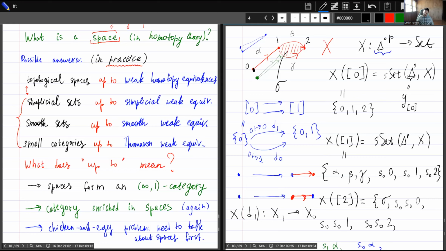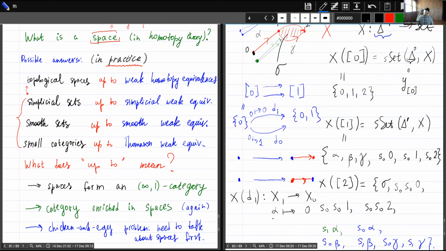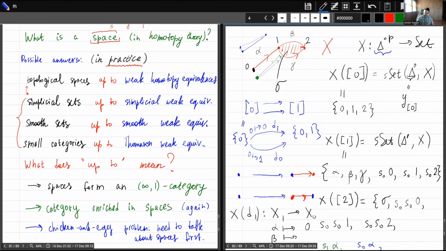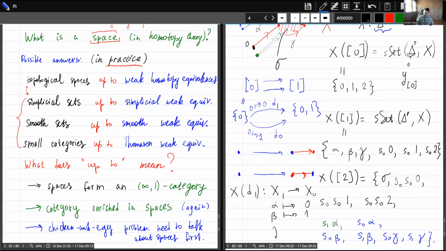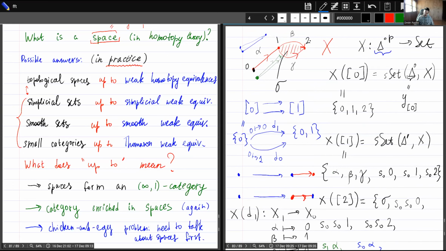So for example, we can see from the picture that alpha, the edge alpha, is sent to the vertex 0. Beta is sent to the vertex 1, and so is gamma. Right, the initial vertex of beta and gamma is 1.